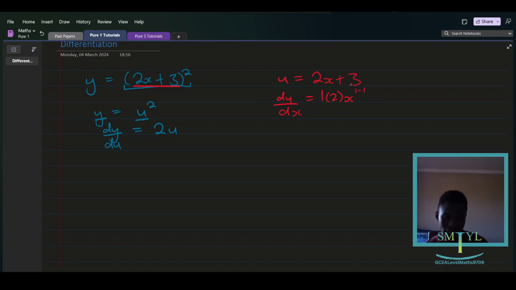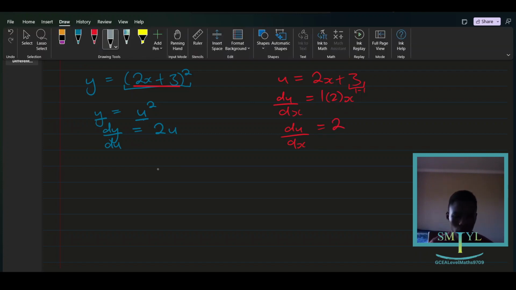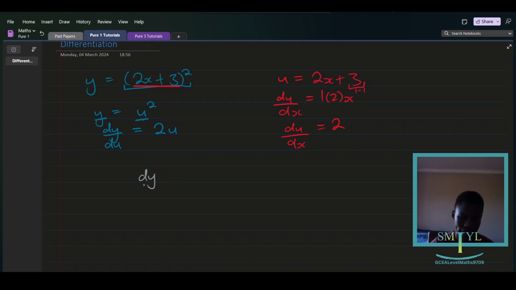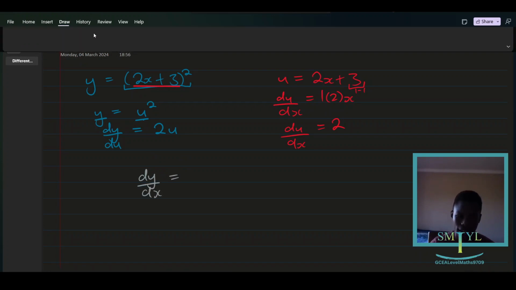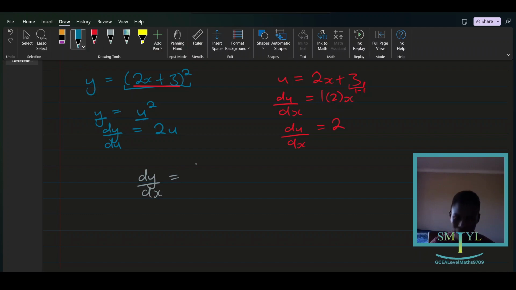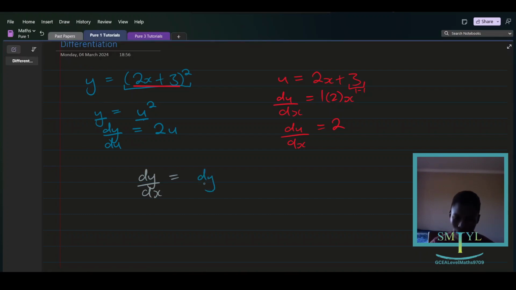And if you differentiate a constant, you get 0, so that 3 will result in a 0. So this becomes du/dx is equal to 2. Now we're going to create what we call a chain rule. What we want is dy/dx, but what we have is dy/du and du/dx.